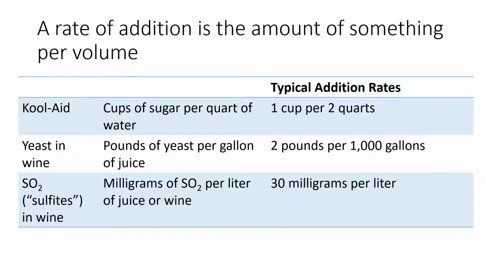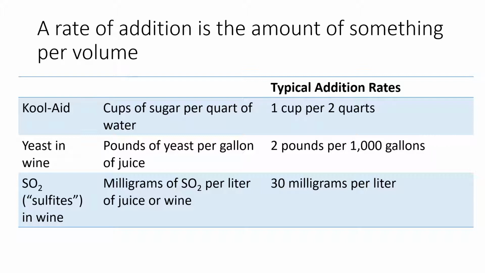Those are conventions used in the recipes for Kool-Aid and for yeast in wine. We could measure yeast as pounds per liter if we chose, or as grams per liter, and in class and in a separate video on additions to wine, you'll see some of those different units. But when we talk about yeast in wine, we typically talk about 2 pounds per 1,000 gallons.